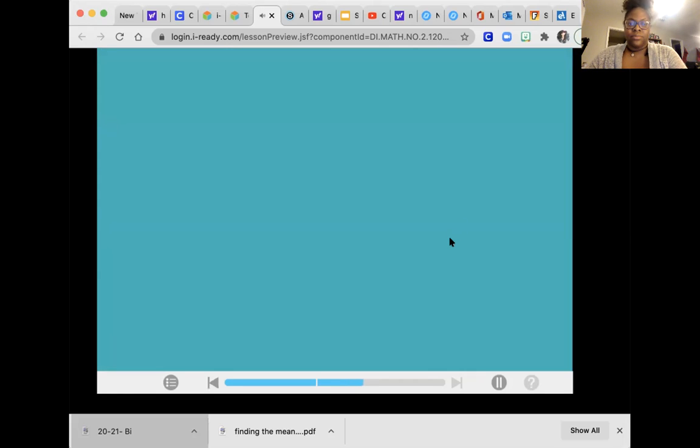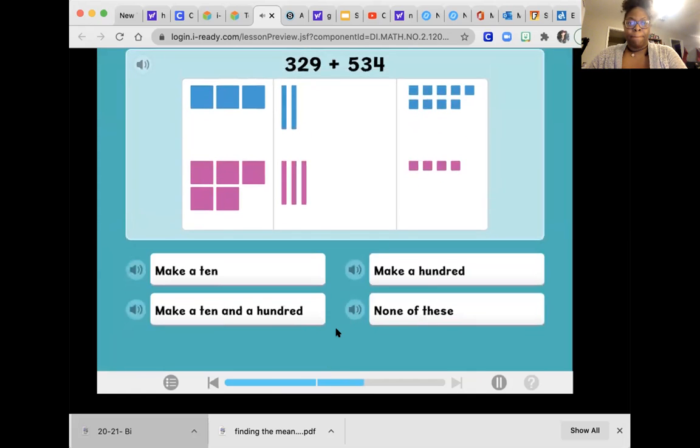Let's practice finding when to make a 10 or 100 to add. Which of these will you do when you add 329 and 534? So let's look at this. When we're using our place value blocks, we can look at this and see if we're going to make a 10 or if we're going to make 100. Let's look. 1, 2, 3, 4, 5, 6, 7, 8, 9, 10.